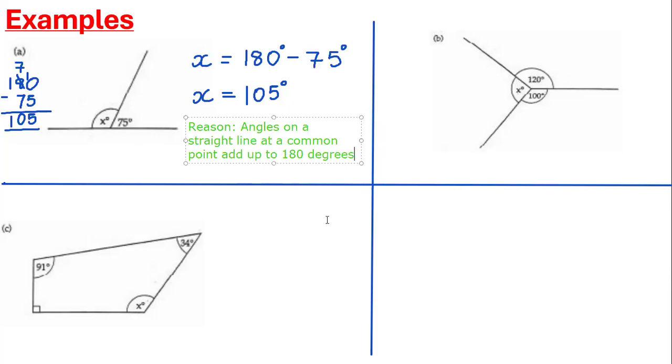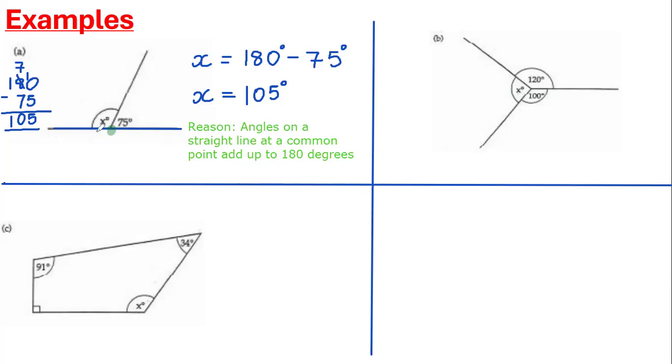Very good. Joseph, you have to be paying attention, otherwise it doesn't make sense. So we have a straight line, and we also have this common point right here.